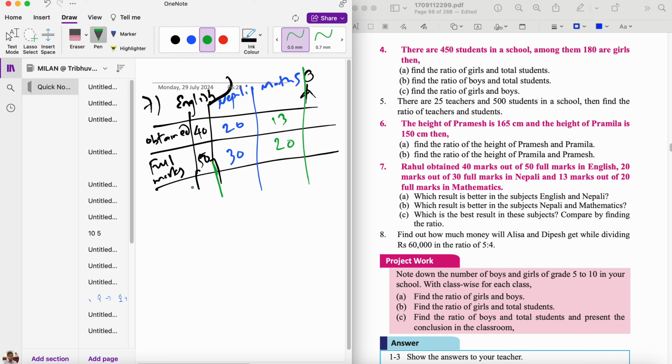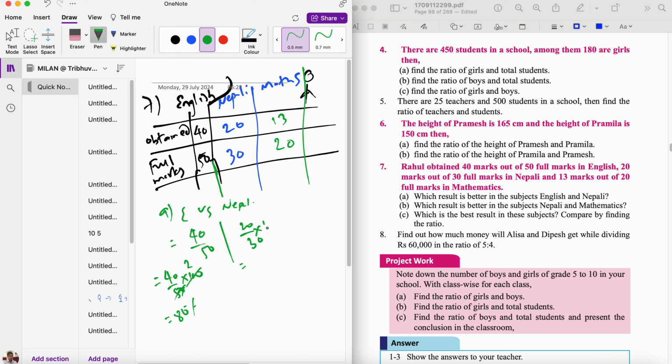Which result is better in the subjects English and Nepali? In this A question, English versus Nepali. Here 40 by 50 and here 20 by 30. Find out the percentage. 40 by 50 is 80%.